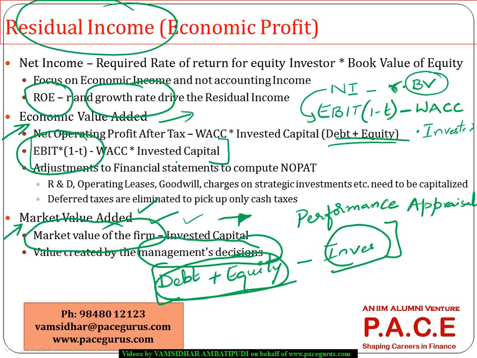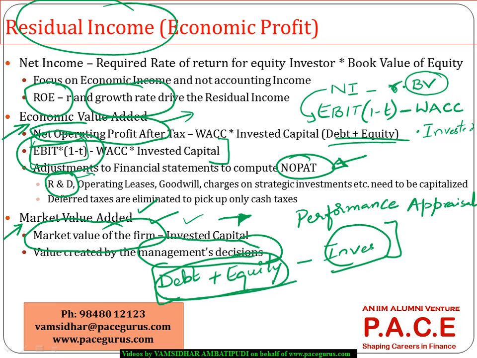But before we compute this, EBIT times (1 minus T) we actually call NOPAT, net operating profit after tax. Here, some things that are advised: before you compute the net operating profit after tax, make these adjustments.